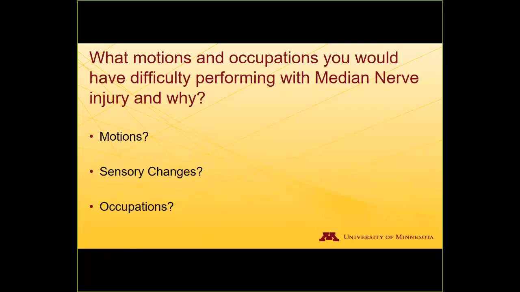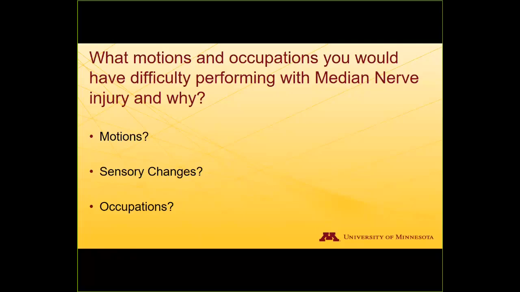Flexes the thumb MCP joint. Okay, so that'll be weakened. And then what about the last thenar muscle? Abduction. Yeah, so it'll be hard to produce this motion. You'll still have the abductor pollicis longus, right? Because it's radial nerve innervated. We'll talk about that here in a second. But yeah, it'll be weakened, so the ability to bring the thumb away from the palm will be weakened.